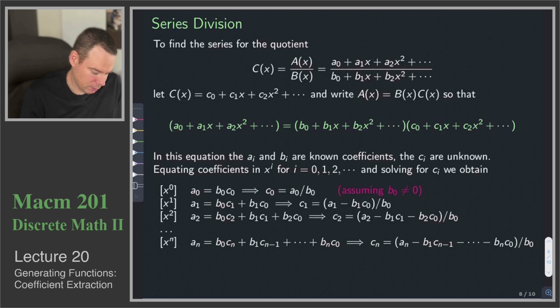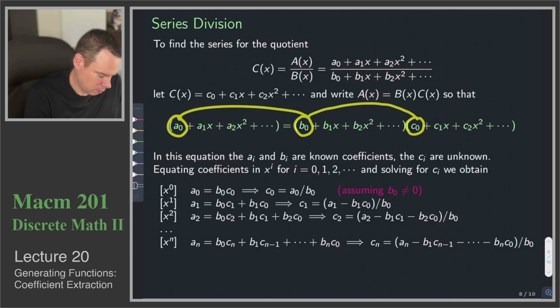And that's nice because I'm trying to find the values for the C's. I know the values for the A's and the B's. Those are the givens. I need to find the values for the C's. If I look at one at a time, when I multiply these two together, the constant term I get is B naught times C naught, but that's supposed to be A naught.